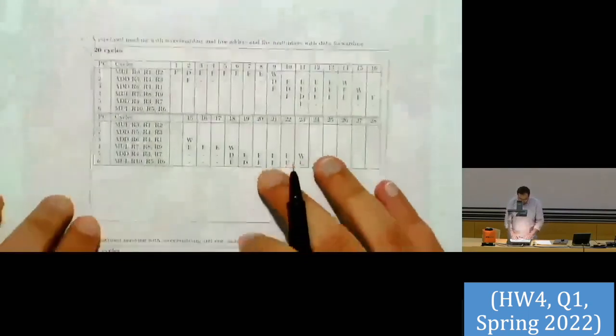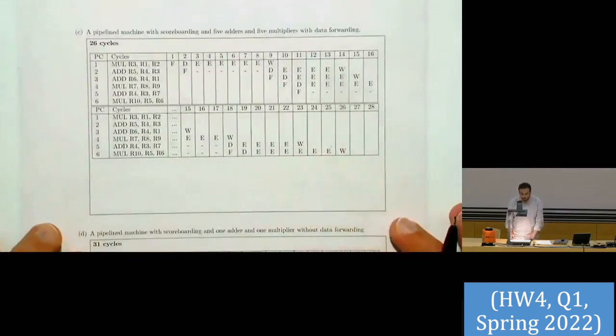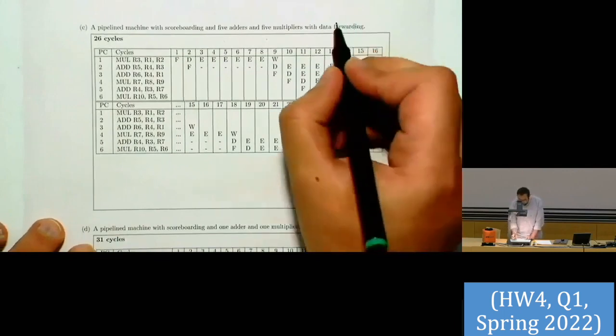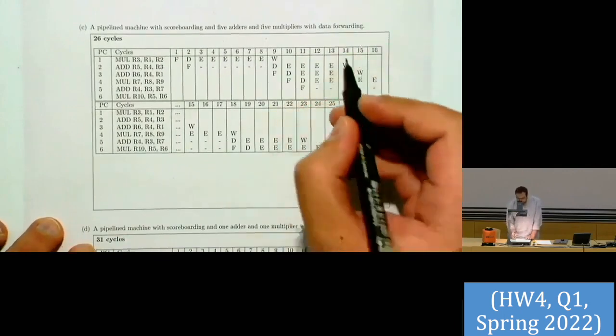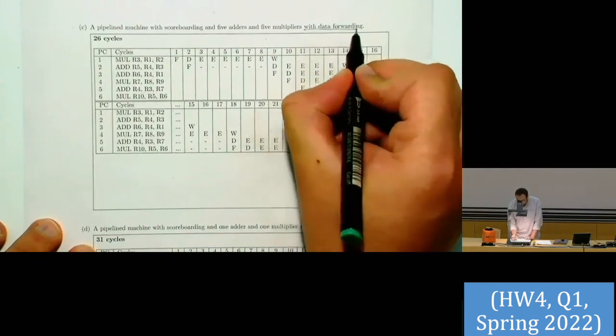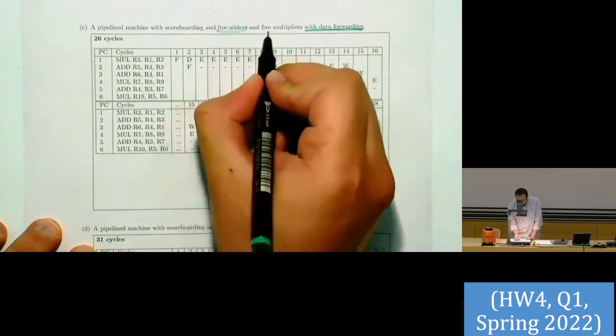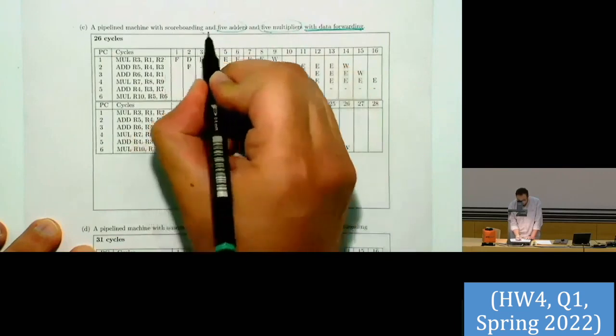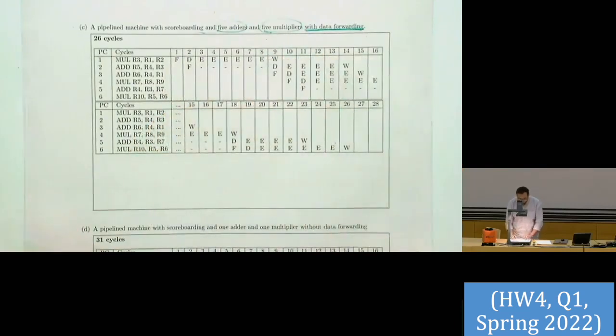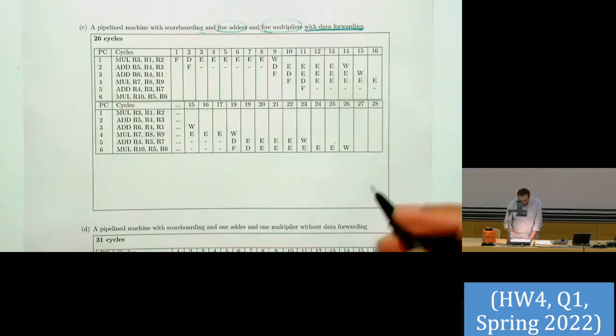Okay, so in the third part of the question, we have one simple difference here, which is we have data forwarding now. And we still have 5 adders and 5 multipliers here, and we are using the scoreboarding technique. So what matters here is now we can get the result earlier than we were doing in the previous part, right?